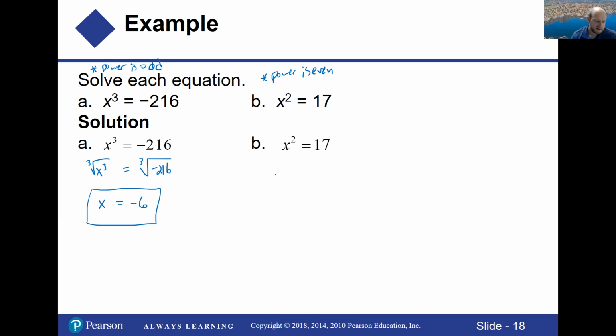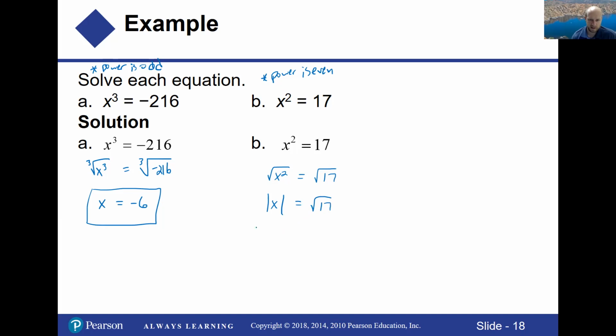So in this case, when we take the square root of x squared, the square root of 17, I need to make this into an absolute value of x because I'm taking the square root of a power that is even. The power is even and the index here is even. So I have the absolute value of x equals the square root of 17.